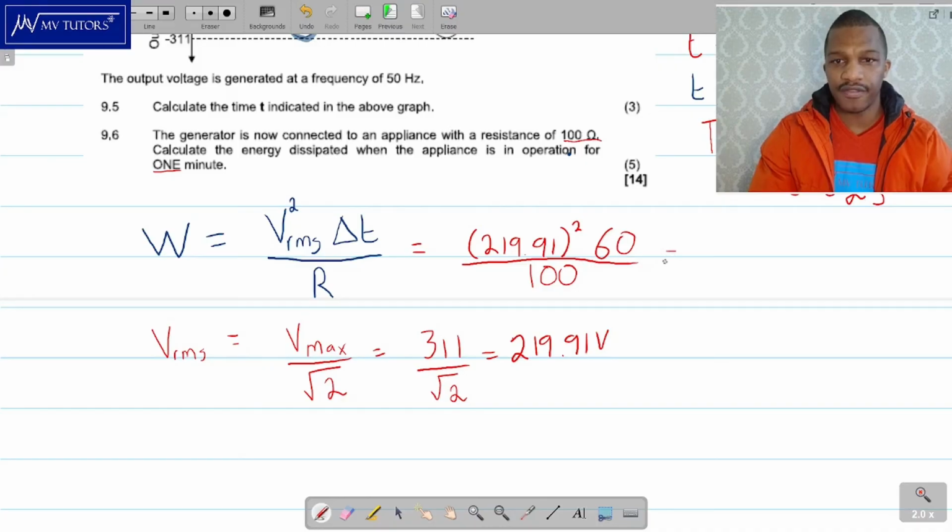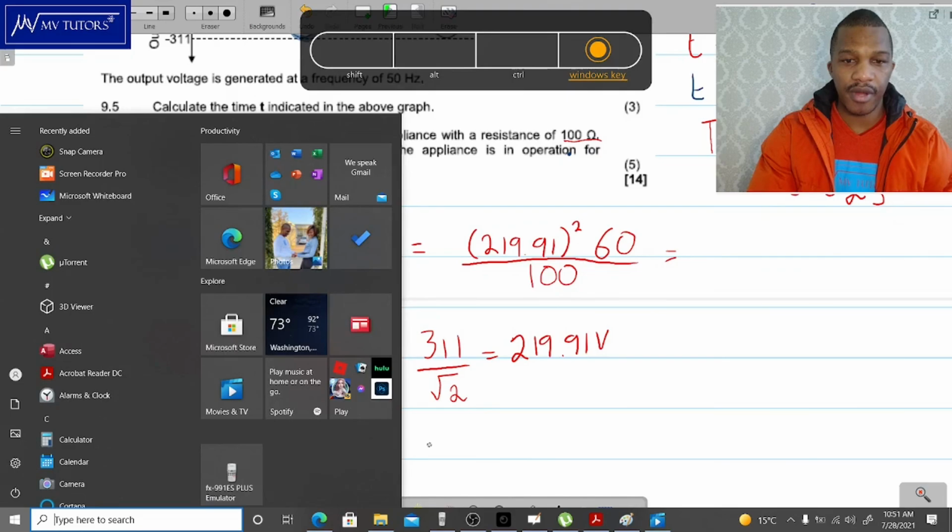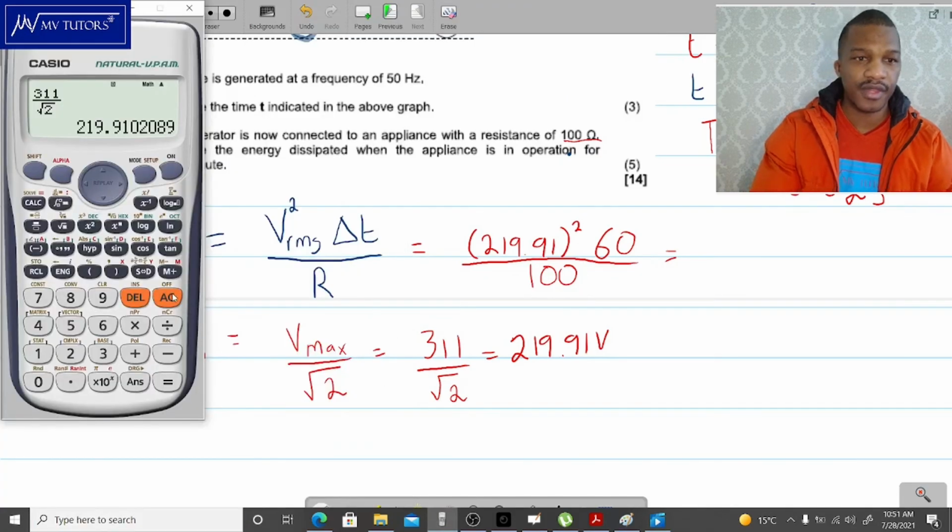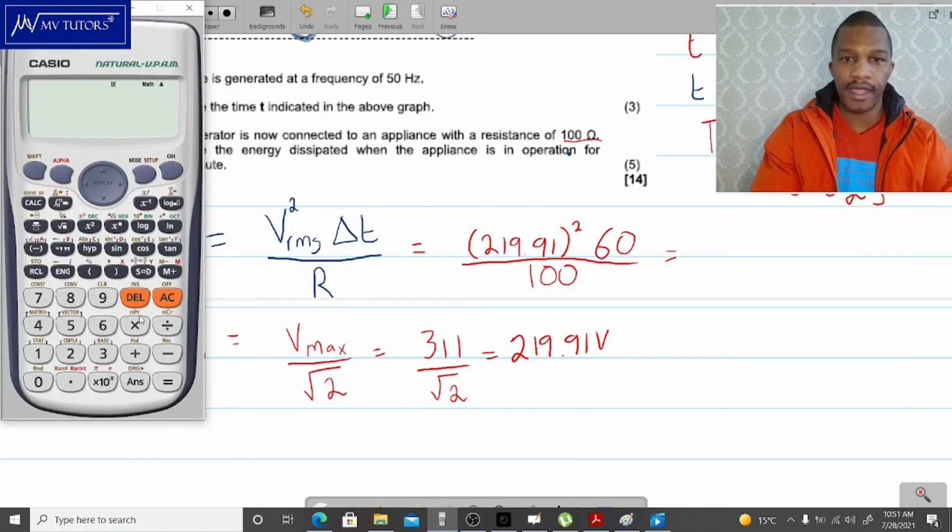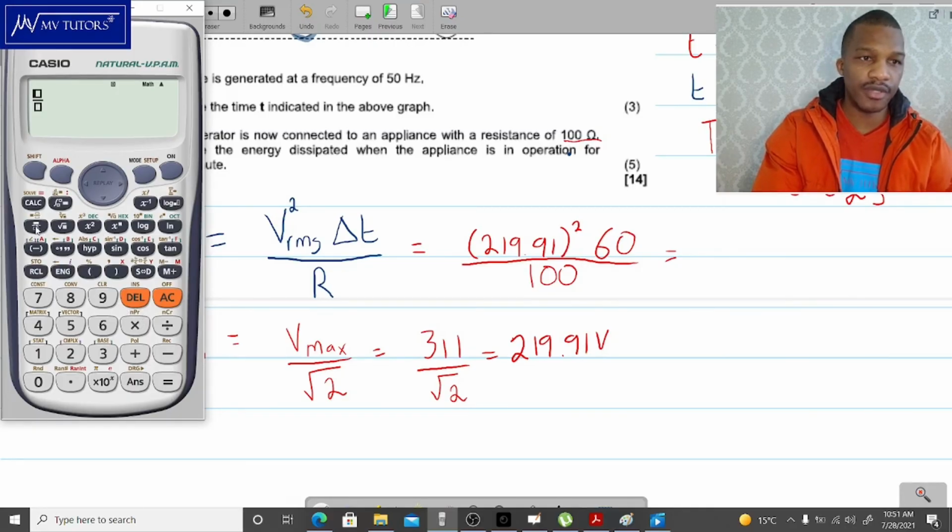Now all that's left is for us to put this in a calculator. Let's grab our calculator down here, and then it's gonna be 219.91 squared times 60, and then at the bottom I want 100.